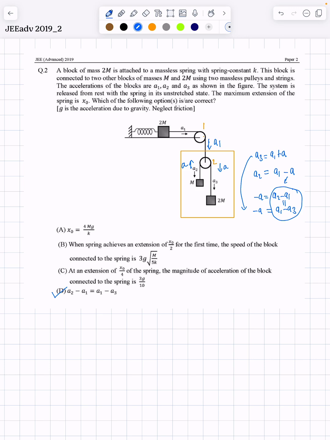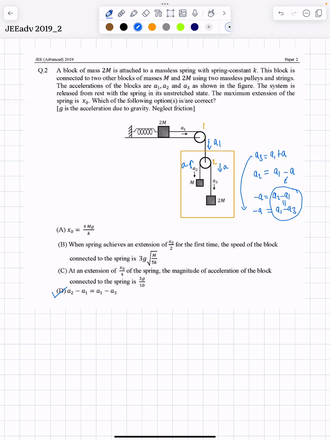The other approach is that we can replace the system shown in this orange box with an equivalent mass, and if we can do that, this problem becomes much simpler. Fortunately, it is possible to replace the entire block, basically this pulley number 2 and the masses, with the equivalent mass. So let's first work on that. It's good to remember this concept, and we can use it to solve other problems.